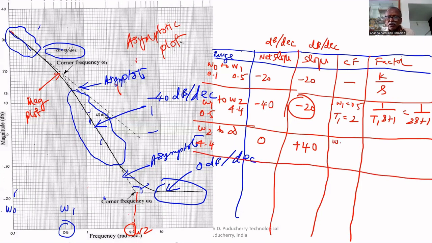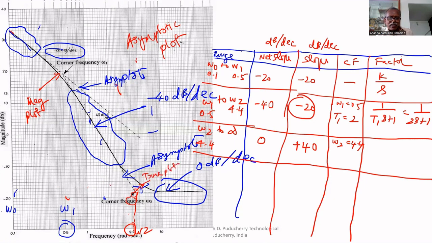Therefore, omega 2 equal to 4.4 from the diagram. But 40 dB means there are two possibilities. It may be repeated poles or a second order factor. To find that, we see that the corner frequency is here. The true plot is here. The black is the true plot.